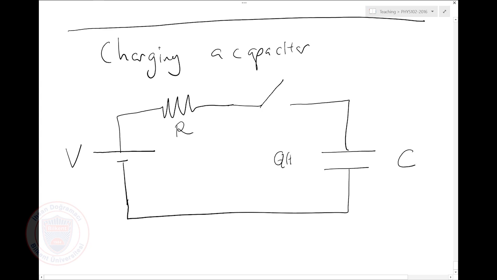And let's say this capacitor is initially uncharged. What I'll do is I'll close the switch at time t equals to 0, and I'm wondering how the capacitor charges up. Okay, I would like to find the capacitor's charge as a function of time.